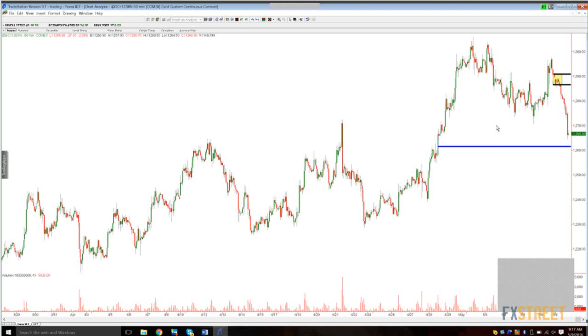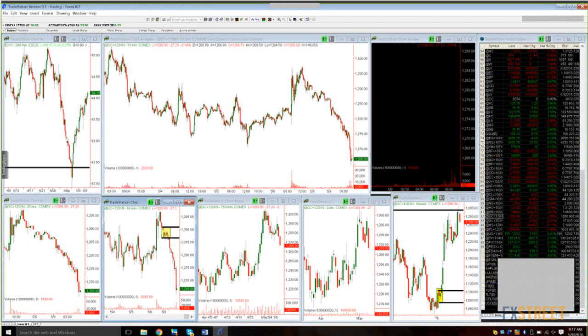Does that make sense? And again, what's supporting that idea is where we're at on the weekly. So it helps stack the odds in our favor.